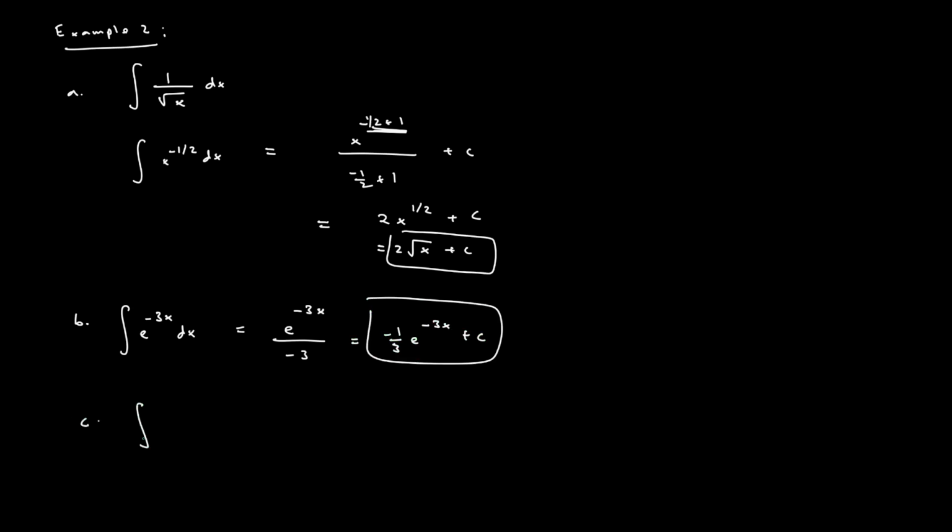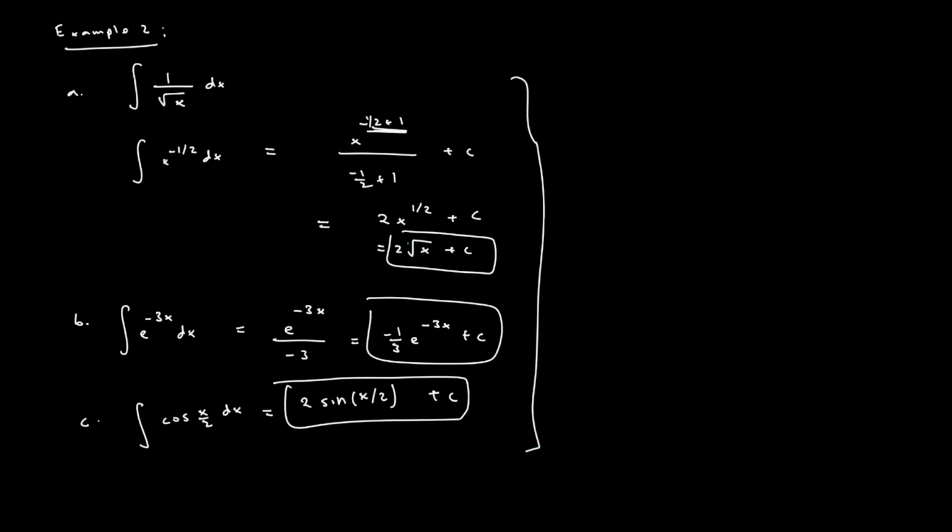So cosine of x over 2 dx is sine of x over 2 divided by 1/2, same as multiplying by 2, and then plus c. So yeah, solving integrals is really not too bad after you have the common integrals in your head, and that should basically come with practice.